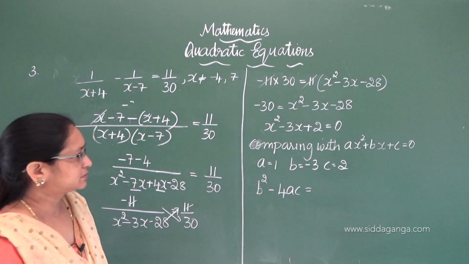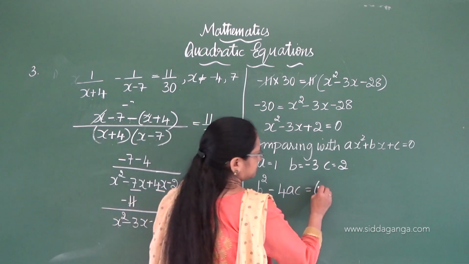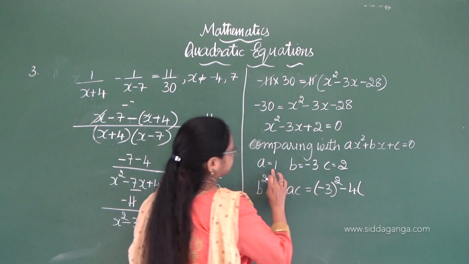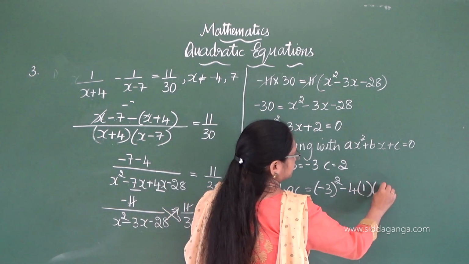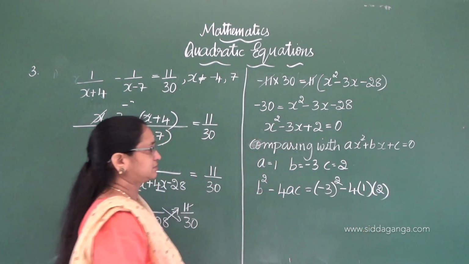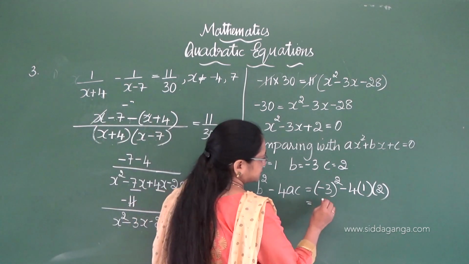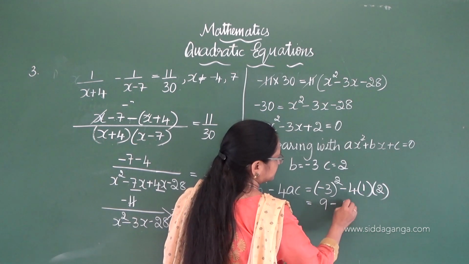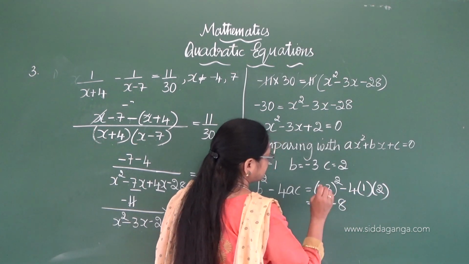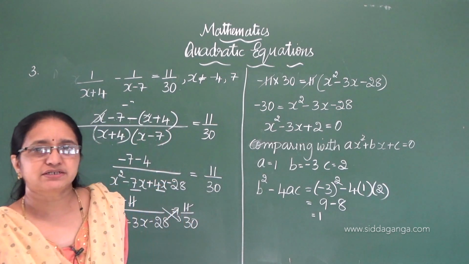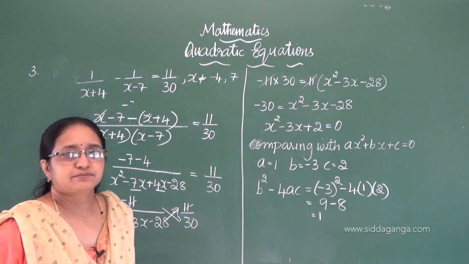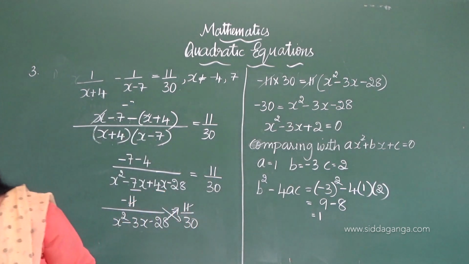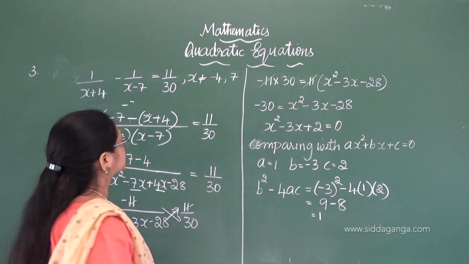So b square is minus 3 whole square minus 4 into a into c, correct? Now what is the answer? Minus 3 squared is 9, 4 2s are minus 8, that is equal to 1. So b square minus 4ac is 1. Definitely it is greater than 0. So we have the roots.